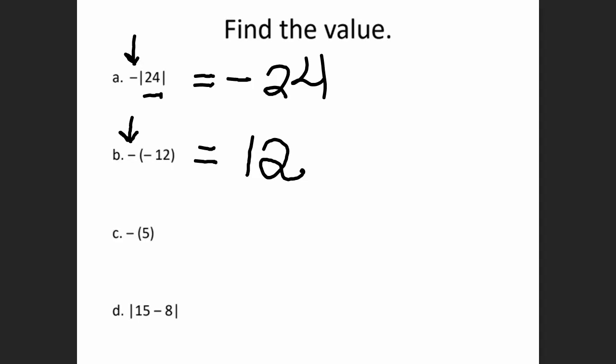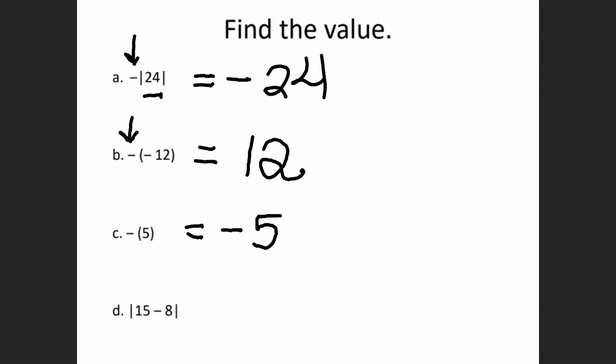I interpret the symbols differently. Now C, 5 has parentheses in C, but it has no sign, so I know that this must be a positive 5 in front of the parentheses, which means I have a negative 5 as a value.